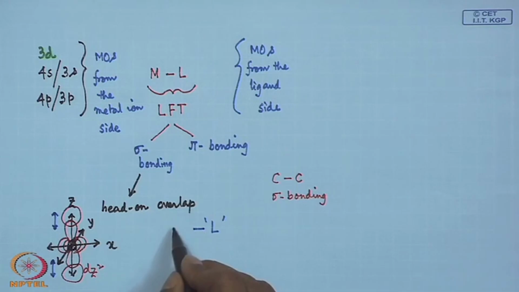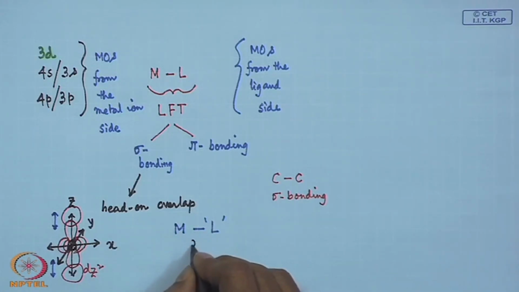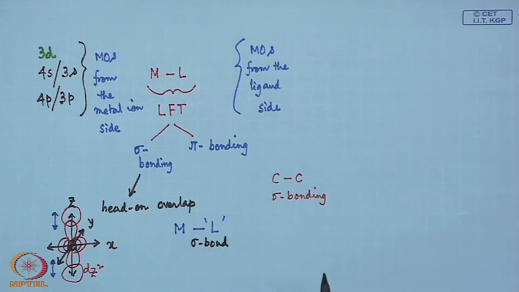So, how is this L interacting with the metal ion, and what are the orbitals, basically we are talking about in terms of the corresponding sigma bond.